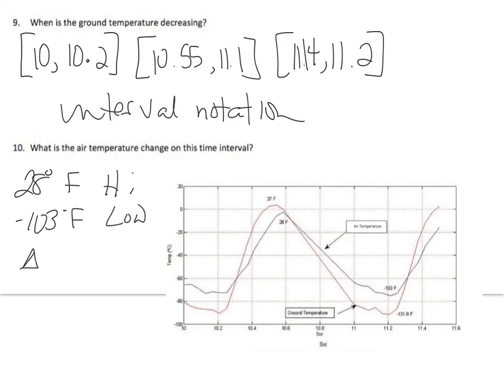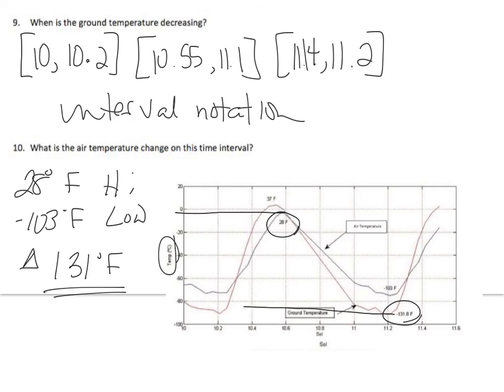That means my change, my delta, is 131 degrees Fahrenheit. Cool. It's funny, this is listed in Fahrenheit, and that is listed in Celsius. You could have gone Celsius for this one and just read it from the vertical axis.